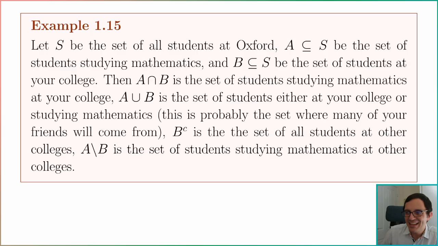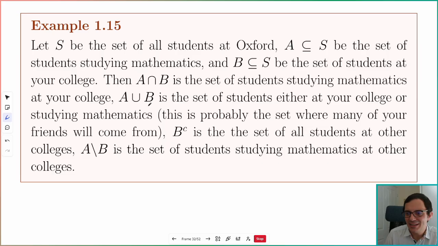So let's say A is the subset of students studying mathematics. B is the subset of students at your college. Then those are two different subsets. A intersect B is the set of students who are both studying mathematics and at your college. That's maybe the 6 or 8 of you who turn up to lectures together.